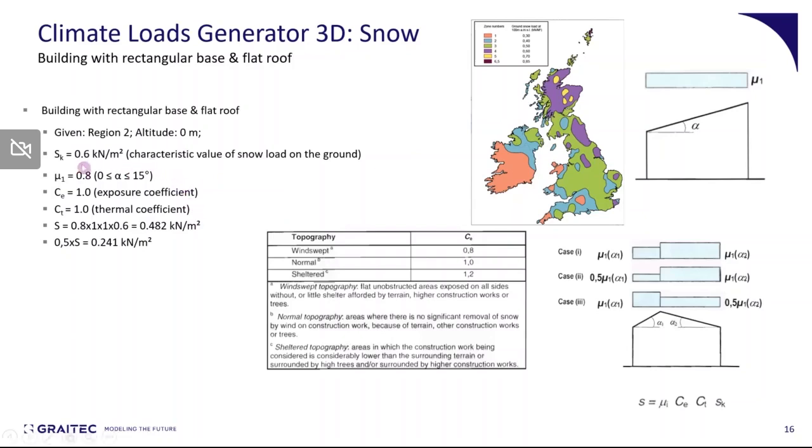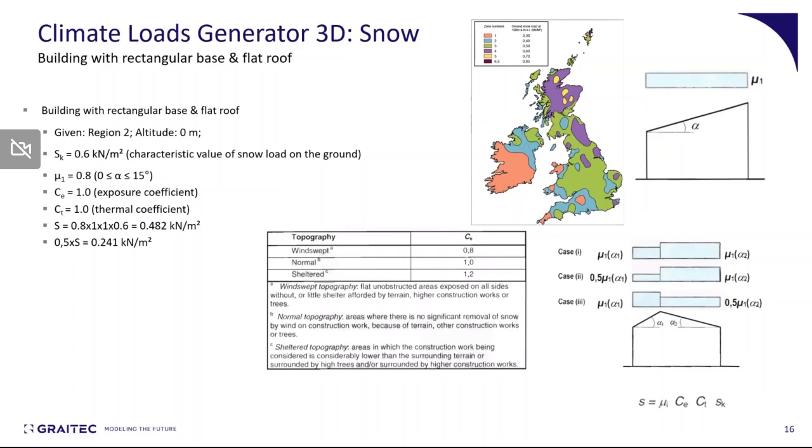The first one takes into consideration the shape of the roof, if it is monopitch, duopitch, flat. The second one is the exposure coefficient and basically takes into consideration any influence of the wind in the area and how certain parameters and certain phenomena in the area affect the snowfall and the development of the snow in the area.